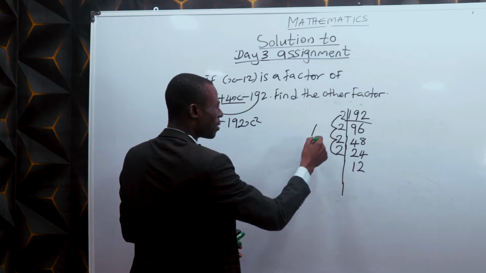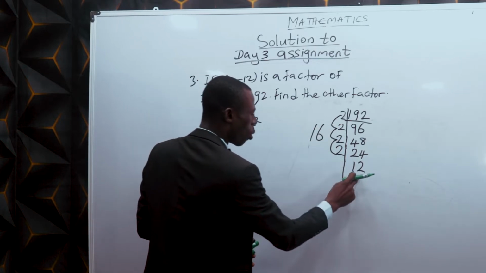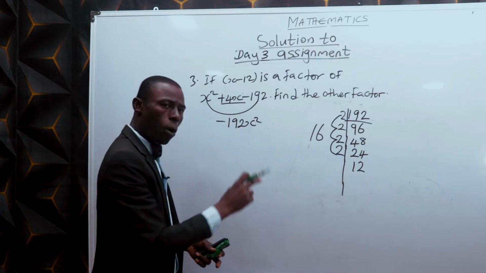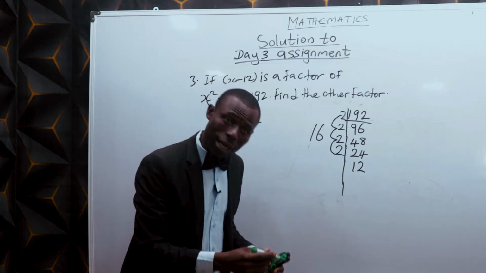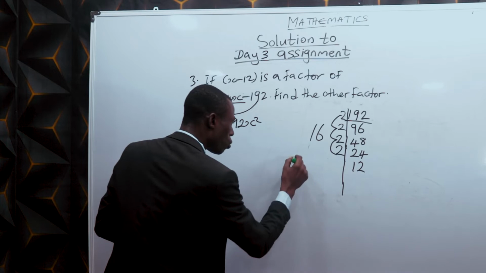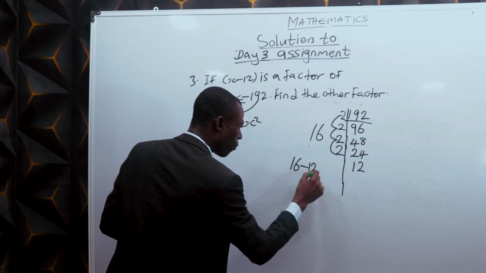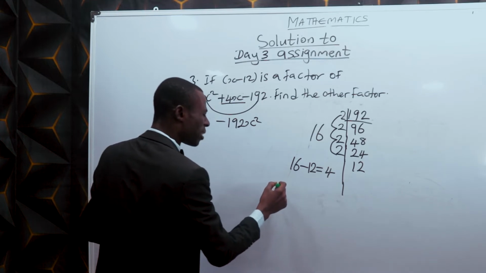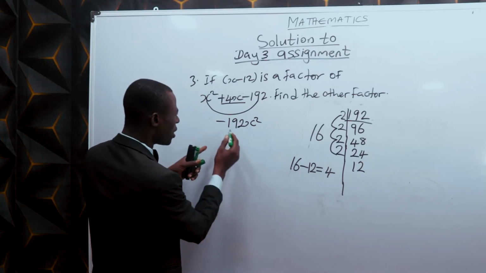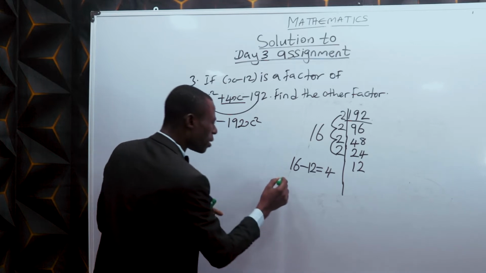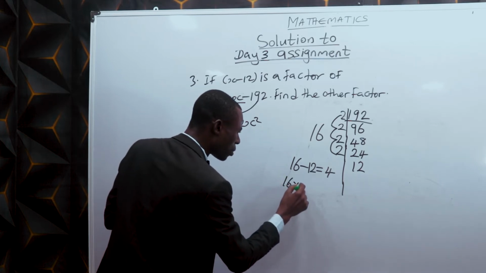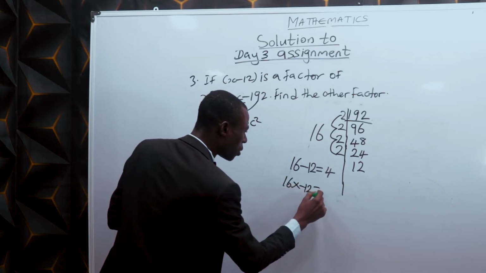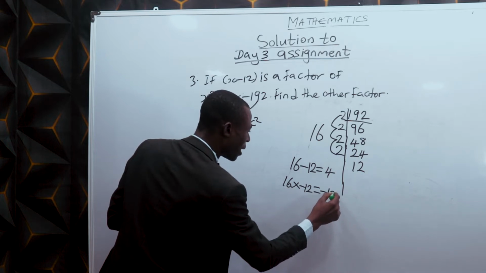Can 16 and 12 give us 4 by addition or by subtraction? Yes. How? You have 16 minus 12, which is equal to 4. But let's check their product, whether it will give us the coefficient of the product here. It will be 16 times minus 12, which is equal to minus 192.